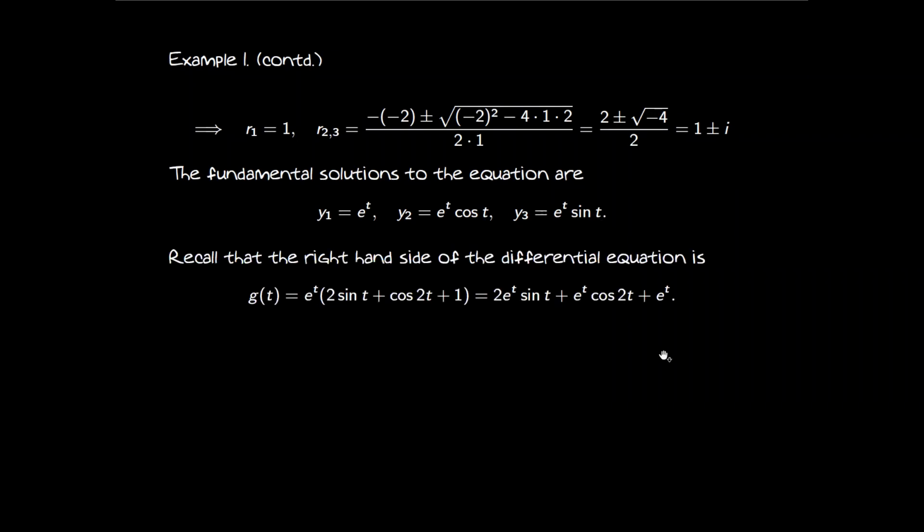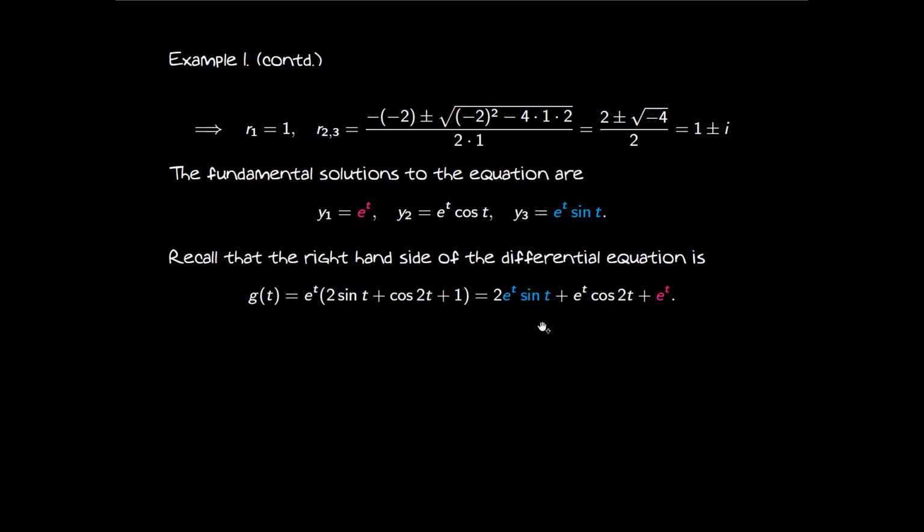Now we check the right-hand side of the differential equation, and we distribute e to the t to this summation, and we can see 3 terms. Among the 3 terms, we notice that the first term is contained in the fundamental solutions. The last term is also contained in the fundamental solutions.